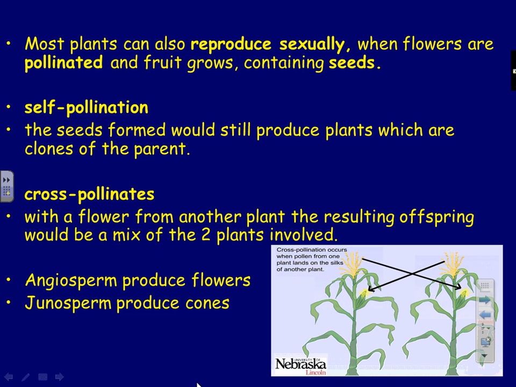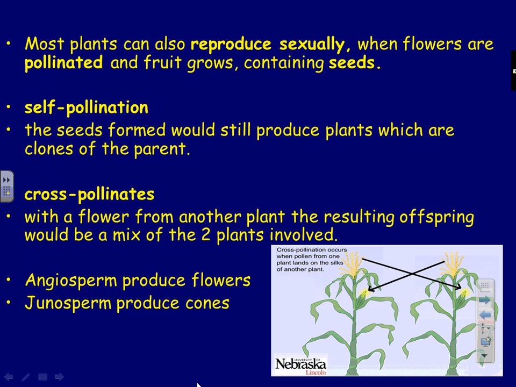Now, we can also produce seeds from pollination, and ideally you have cross-pollination. One plant has a particular genetic trait, a different plant of the same species has a slightly different genetic trait.